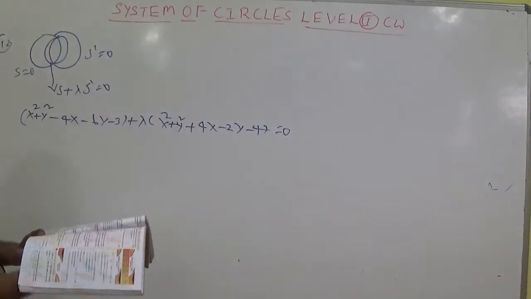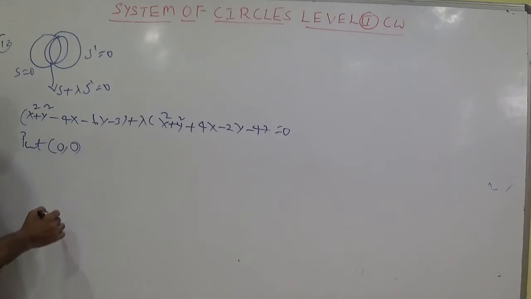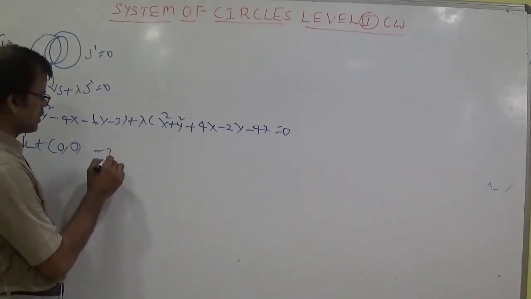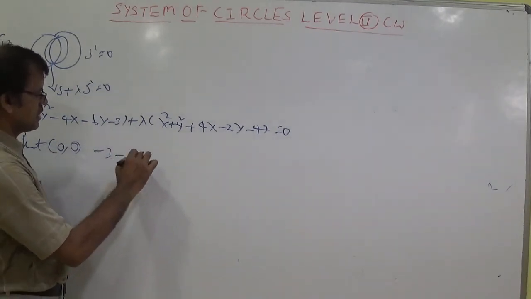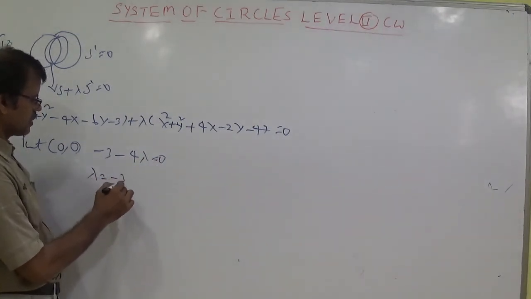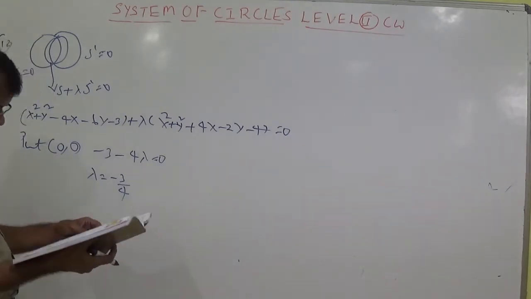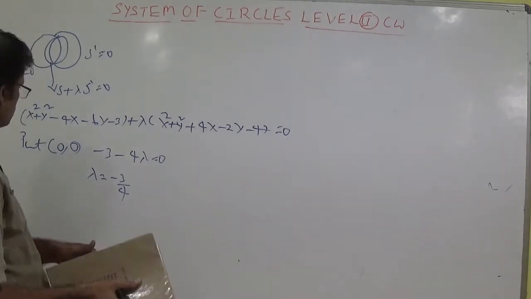Since this is passing through the origin, put 0: minus 3 minus 4 lambda equal to 0. So 4 lambda equal to minus 3, lambda equal to minus 3 by 4. Substitute the value lambda equal to minus 3 by 4.